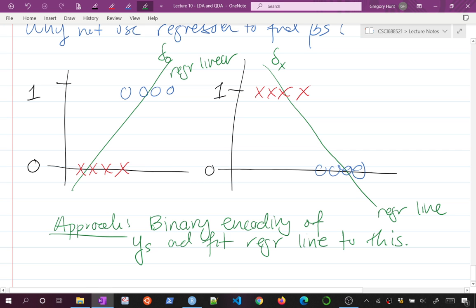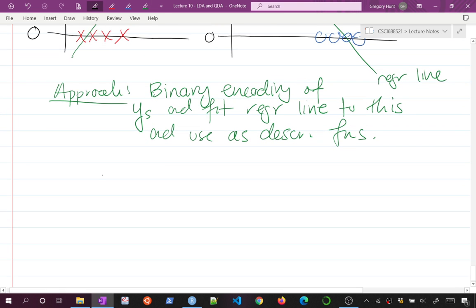And use those as discriminant functions. And so basically what I'll get here is my discriminant function is some beta naught c hat plus beta c hat times x, something like that.